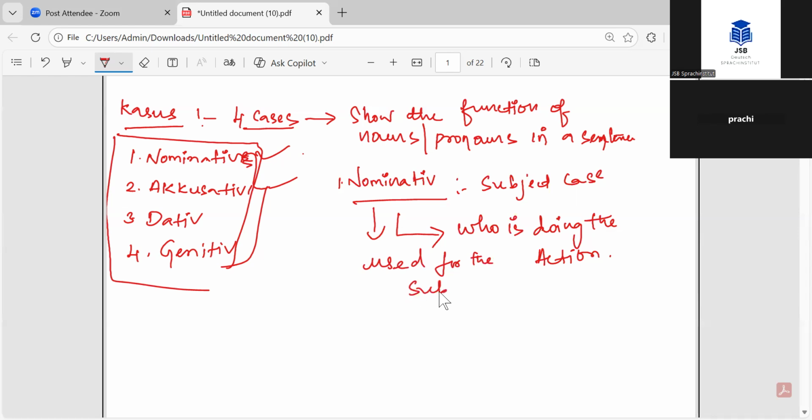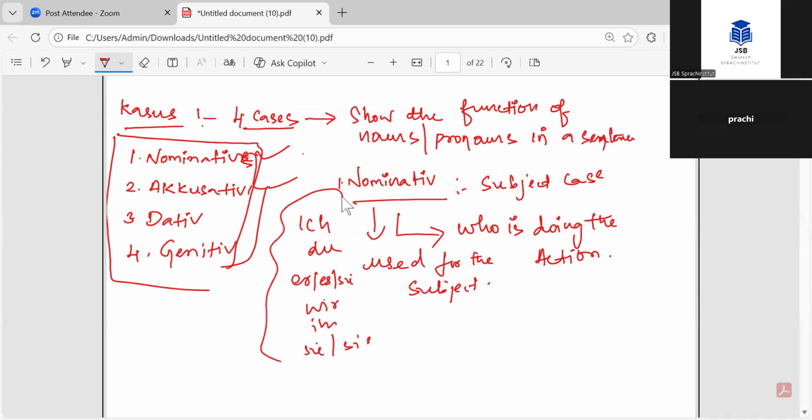So what is the subject for nominative? Already we read the subject: ich, du, er, sie, es, wir, ihr, sie. Okay, so this is the subject. It always denotes subject.